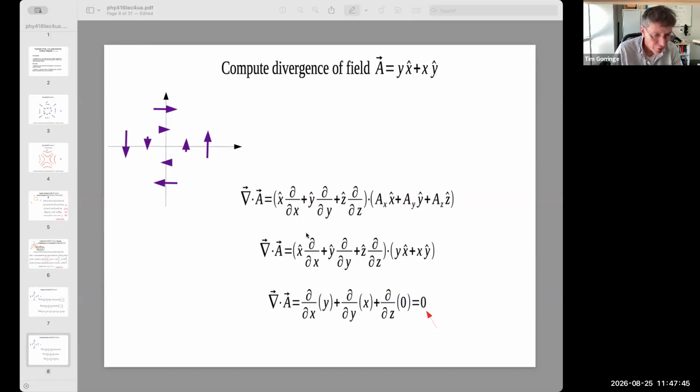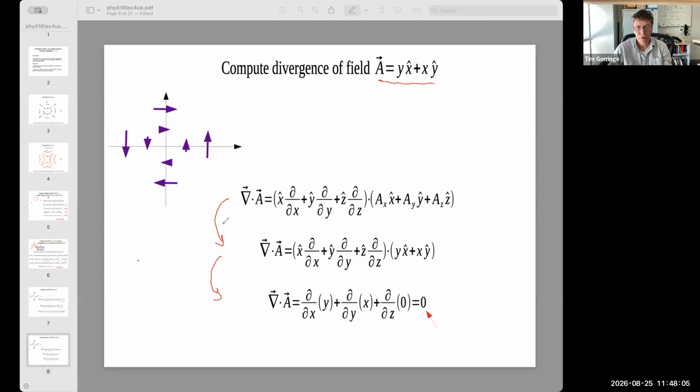And this is the slide where I've got my calculation of the divergence of this field. And so here's the field. Here's a little cartoon of what the field looks like. And here's my calculation of the field. And I've taken the same three steps, really.